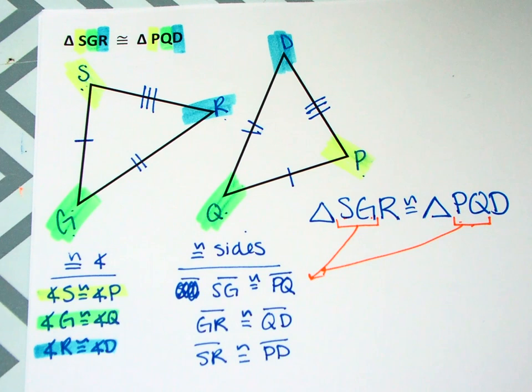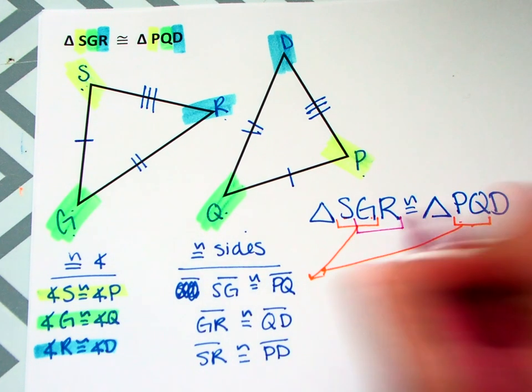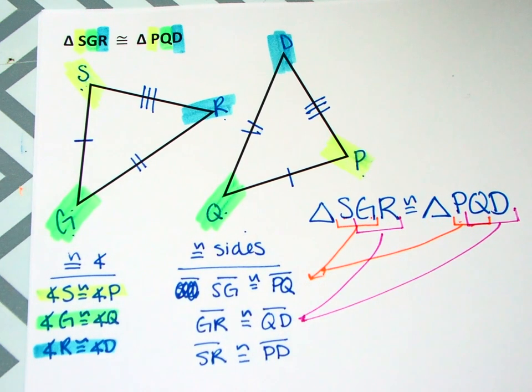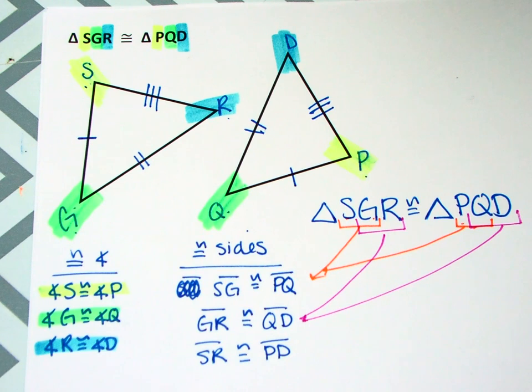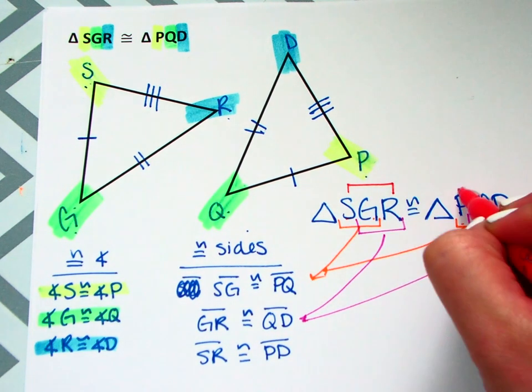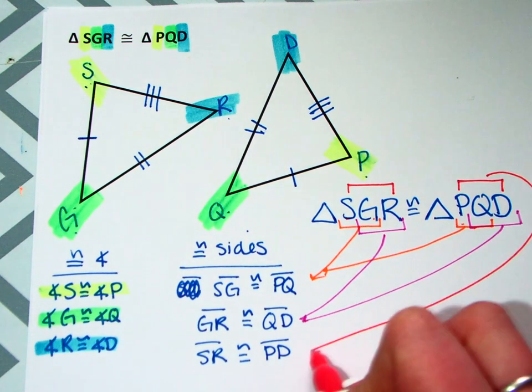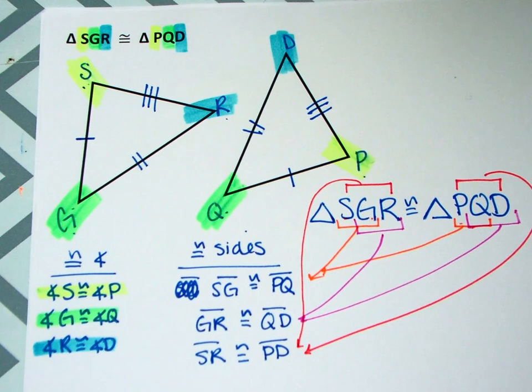It just gets a little confusing because your segment names are actually going to overlap. So we have GR, QD. GR is congruent to QD. And again, the same thing with SR and PD. So if we're looking again at our picture, S is first, R is last, P is first, D is last. SR goes to PD. So it's a little more confusing if you're using the actual congruency statement. However, it's really just preference. You draw on your picture, or you can go ahead and just use the statement.